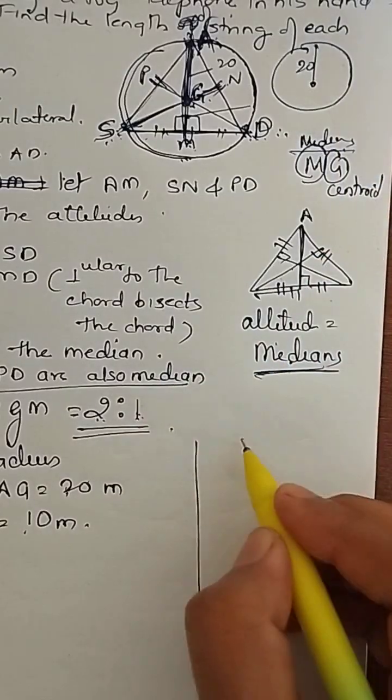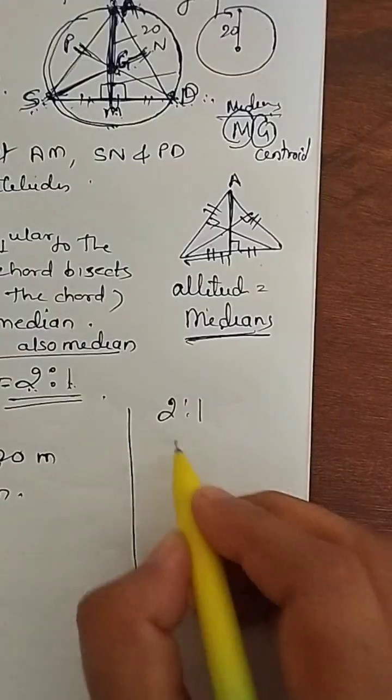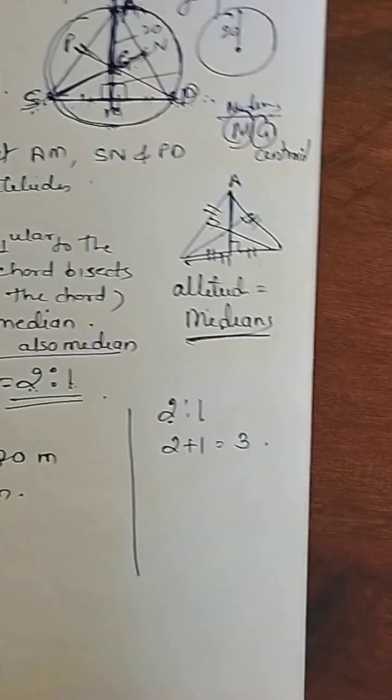You can also solve it like this. See, 2:1, correct? 2 plus 1 is 3.